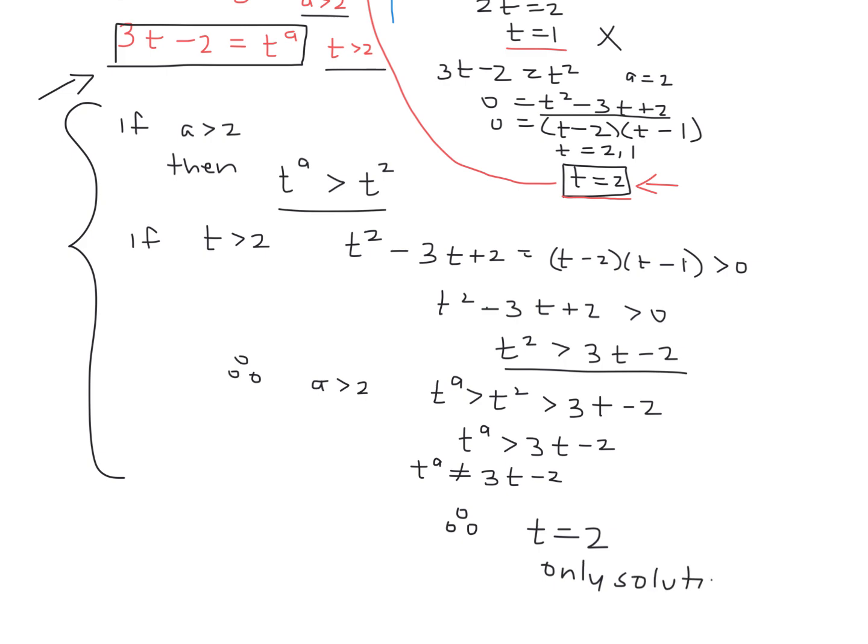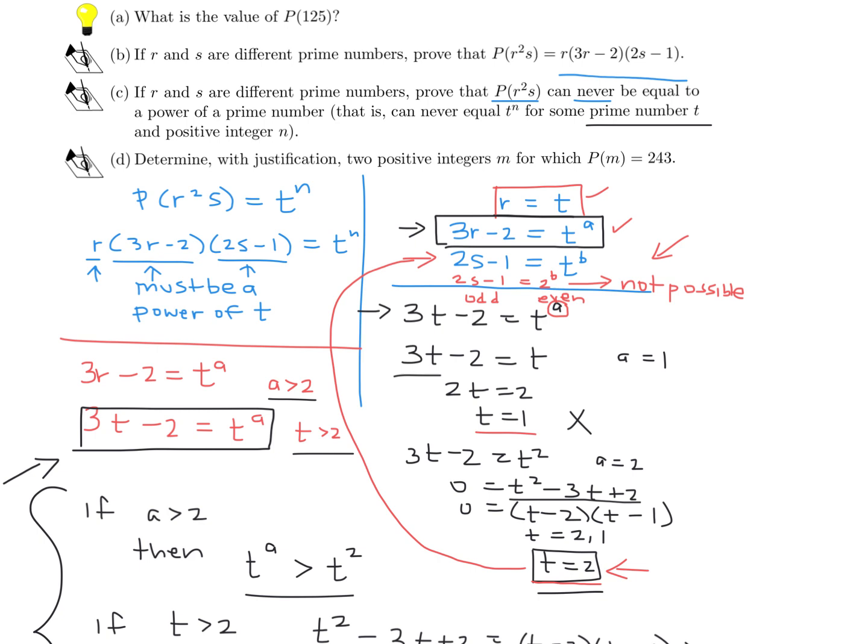But that only solution fell apart. When we got it, we had to plug it back into this guy here. And when we did, it fell apart, because then one side is odd and the other side is even. So that's about as best I can explain it without going through too much pain.